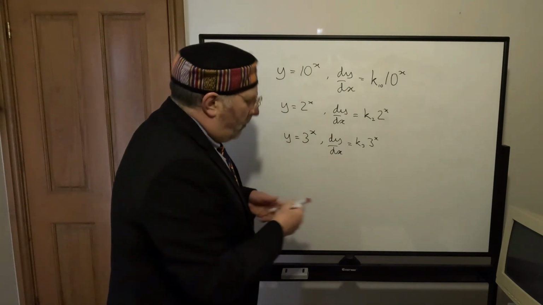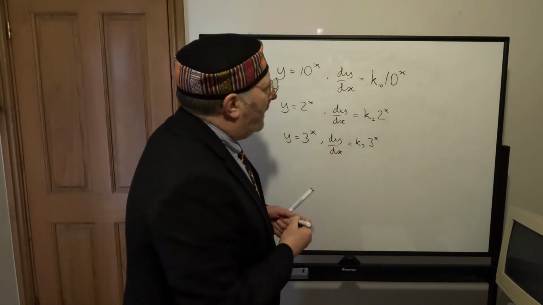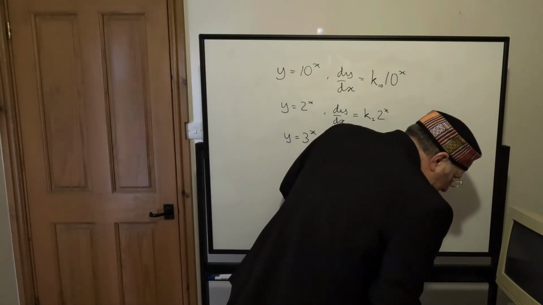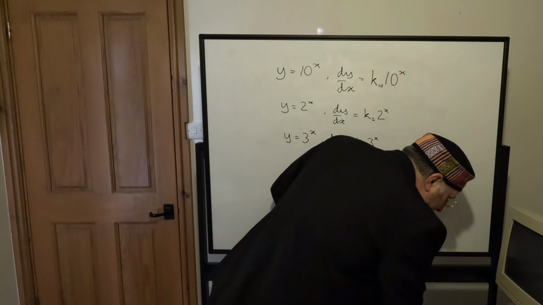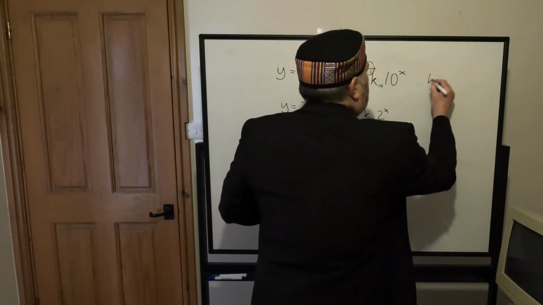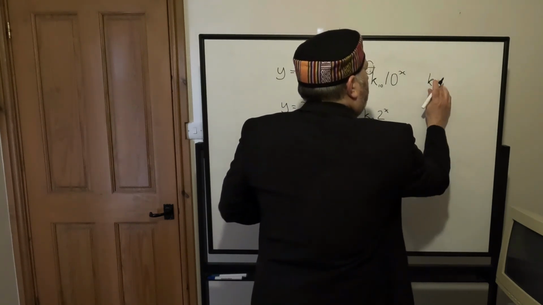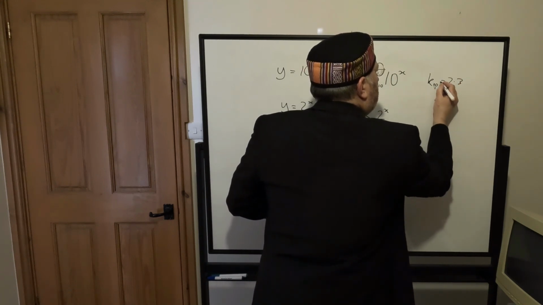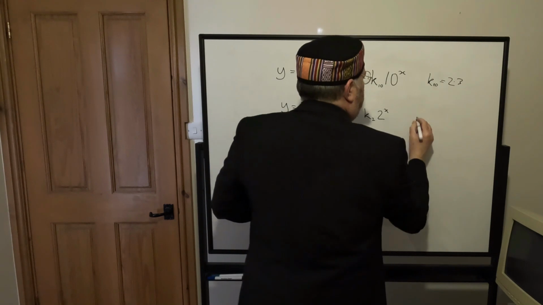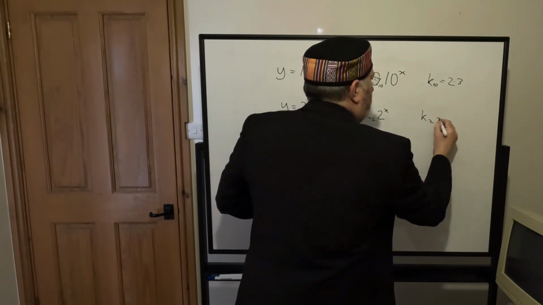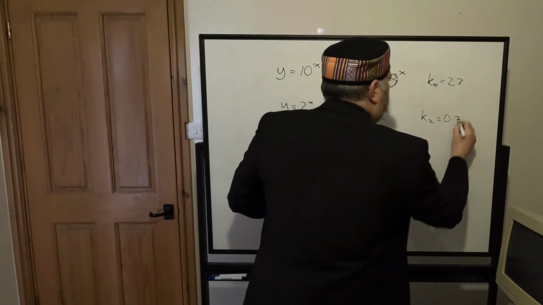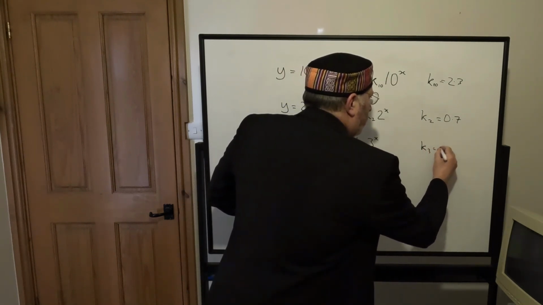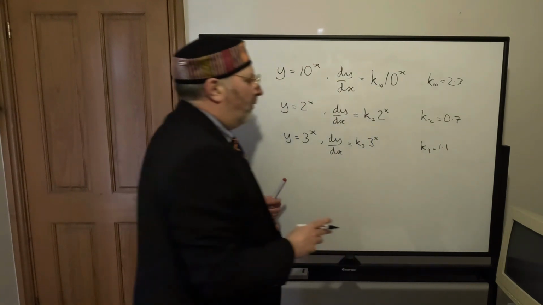And what we find, the values of these constants, k10 is about 10.3, k2 is about 0.7, and k3 is 1.1.